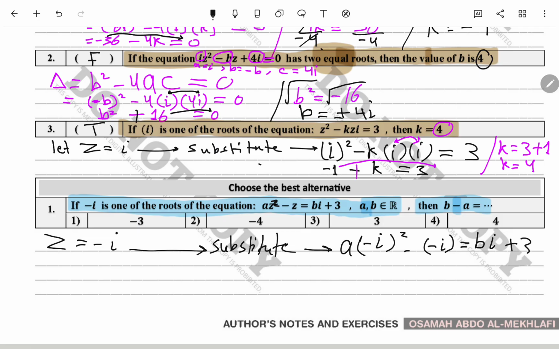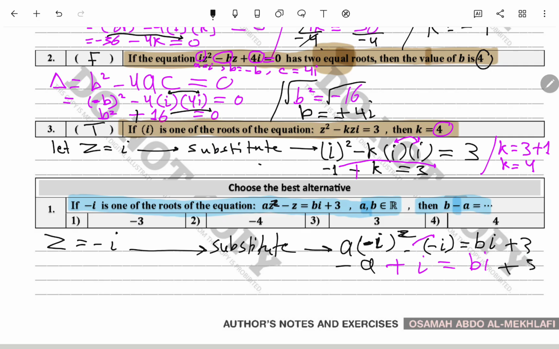We need to find the values for a and b. So we can evaluate this negative under the square to be positive, and the i under the square to be negative again. So the answer will be negative a. Negative by negative here with the next will make it positive. So it is positive i equals bi, and that all plus 3.